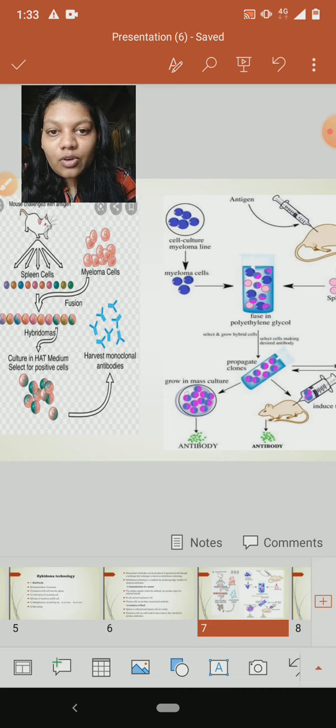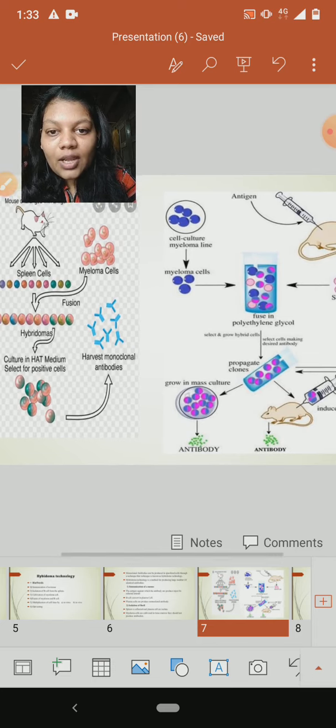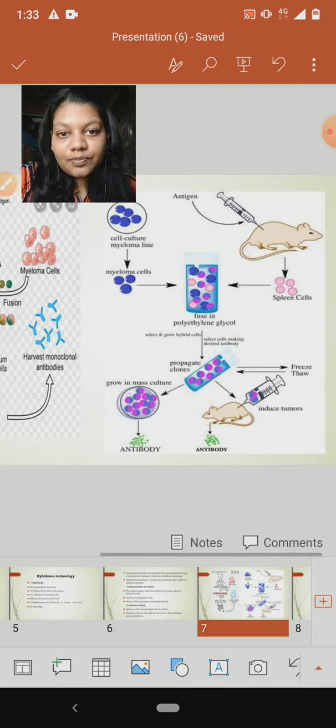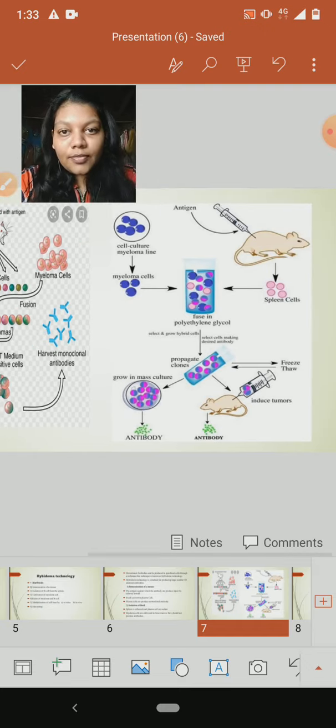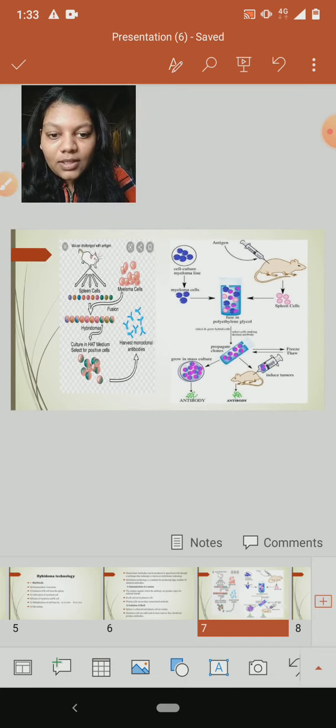Then hybridomas are produced, and in culture in HAT medium we select for positive cells. HAT means hypoxanthine aminopterin thymidine medium. Then monoclonal antibodies are harvested, in vivo and in vitro.